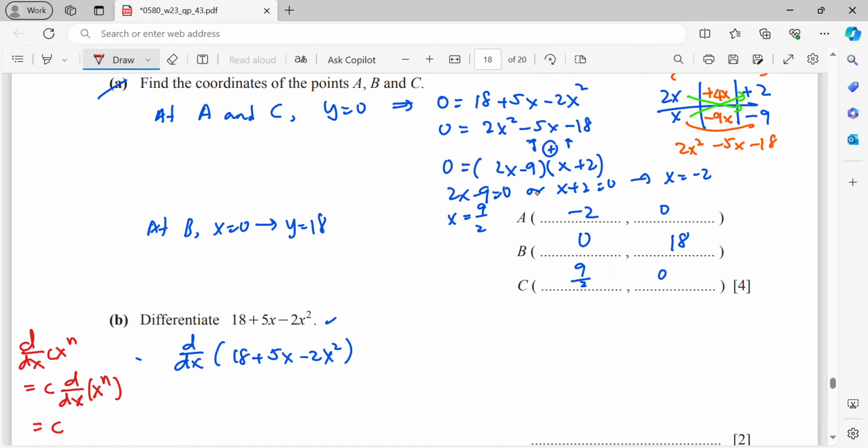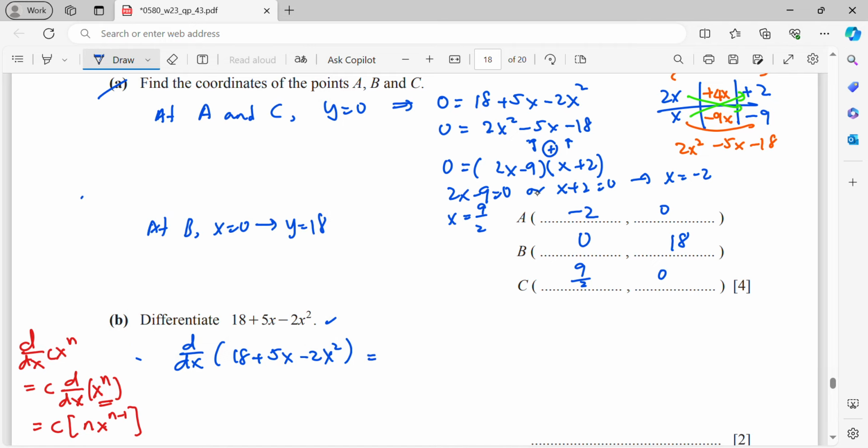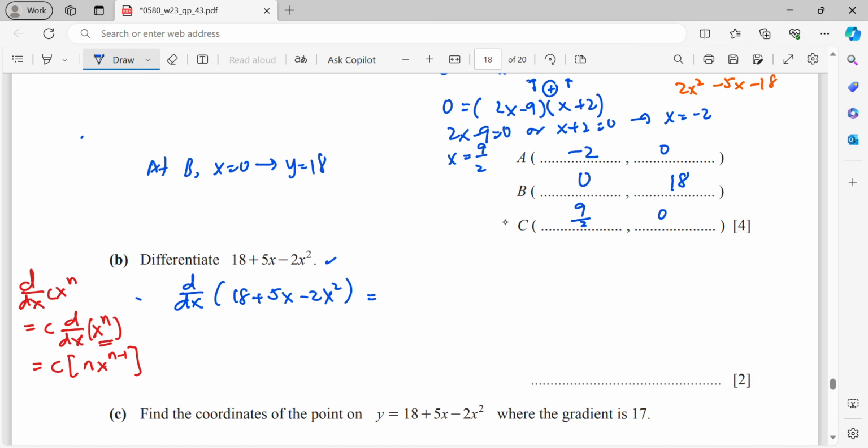So when you differentiate x to the power n, move down the n, and rewrite the x with the power always minus 1, so it becomes n minus 1. We are going to use this formula to differentiate. For your information, differentiating a constant gives 0.